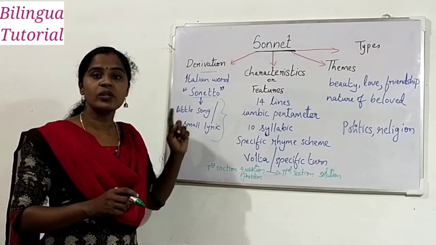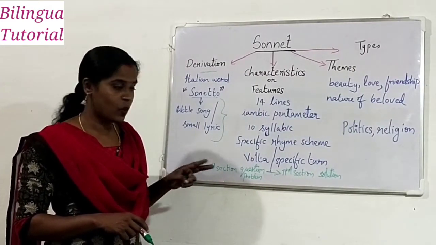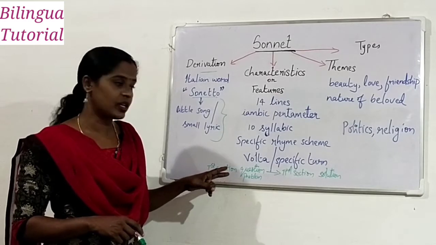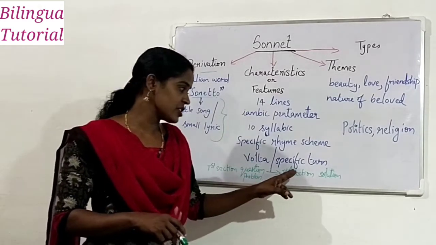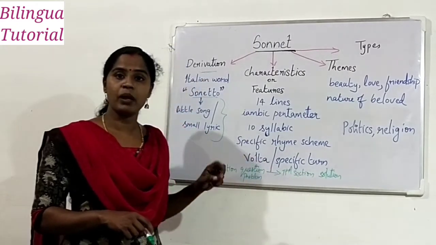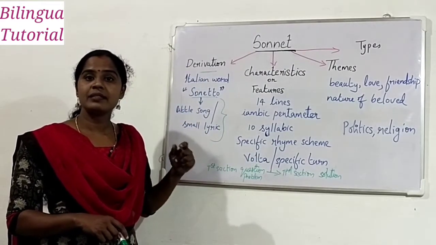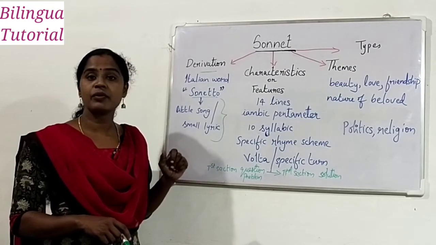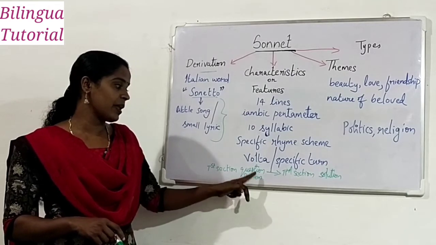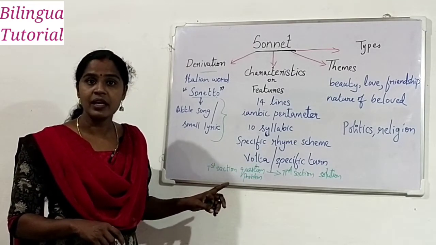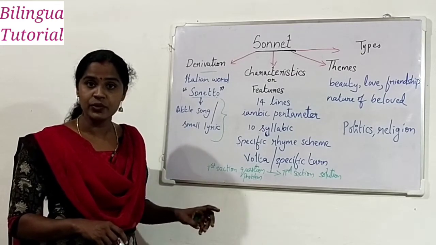So we can see what a volta is. Every sonnet has 2 sections. The first section is a problem or a question, and there higher level language or poetic language is used.